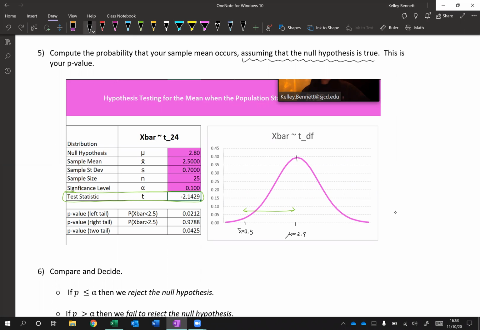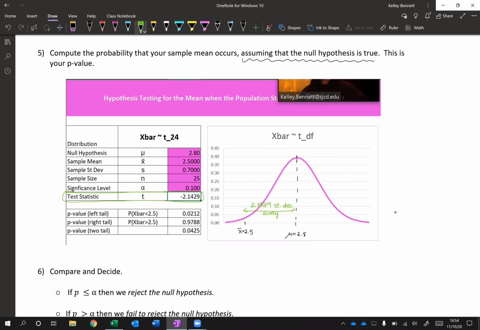Right, so if our mean is there, then this is telling me that I'm 2.1429 standard deviations away. And if you're wondering, you're like, hey lady, I thought the standard deviation was 0.7. So if you were 2.14 standard deviations away, you'd have to be more like about 1.5 GPA points away.